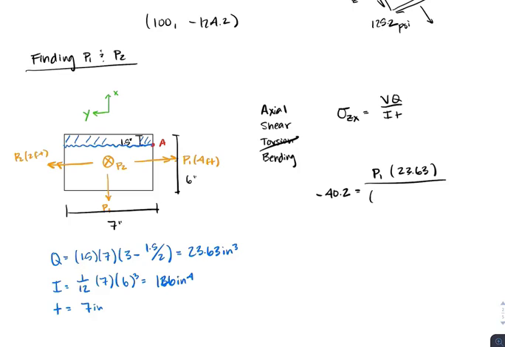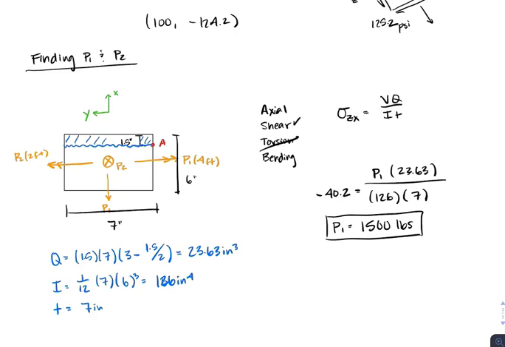Our I value is 126 inches to the fourth, and then our T is 7 inches. So that gives us a value for P1 that is equal to 1,500 pounds. So that checks off our shear force, so that we've now found our P1 force.